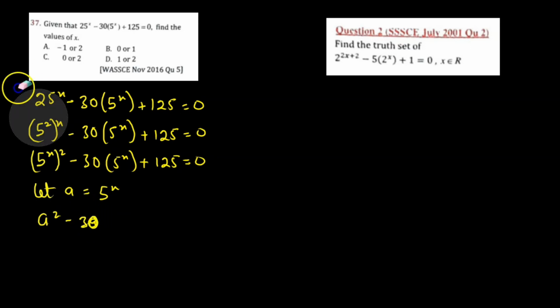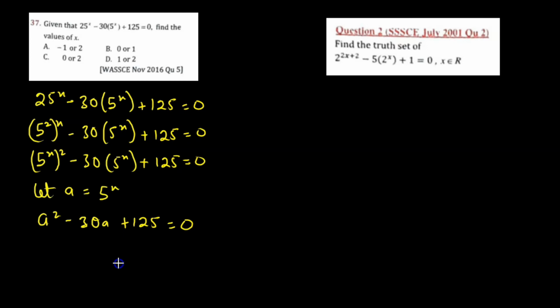So we can say that let a variable a equal to the function 5 to the power x. So replacing it, we have a squared minus 30a, pardon me for that. So we have minus 30a, then plus 125 equal to 0.